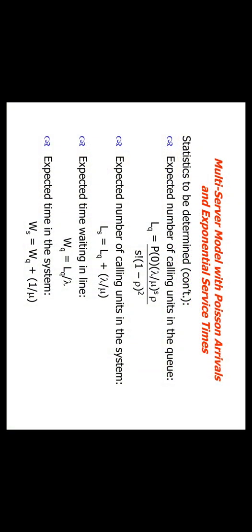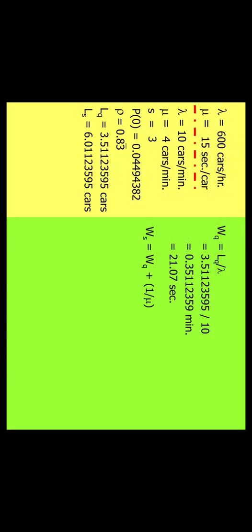And then the last requirement under this queuing model is the expected time in the system, or W sub s, which is equal to W sub q plus the quantity 1 over mu. For computing the W sub s, make sure that the value that you're going to get for W sub q is the one in its original unit, which is in terms of minutes, not the converted one in seconds.